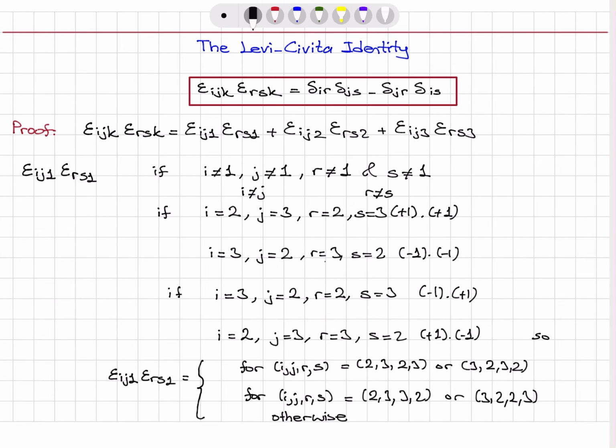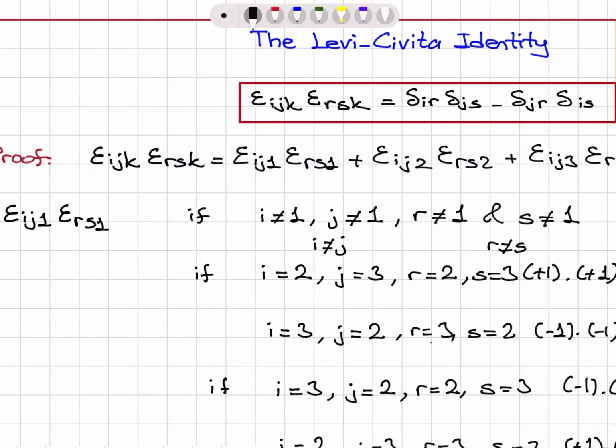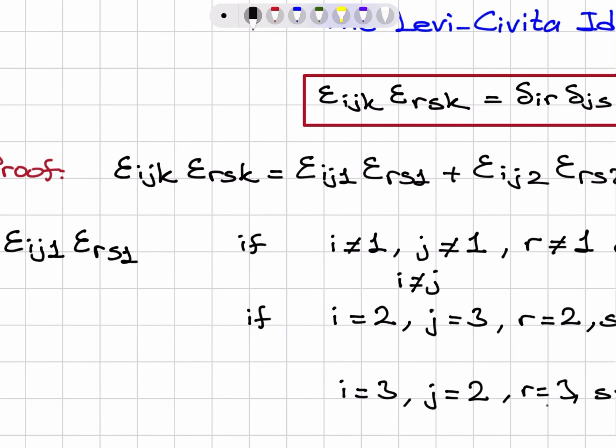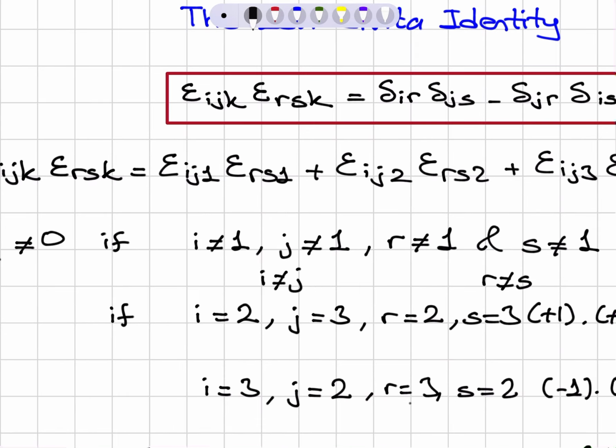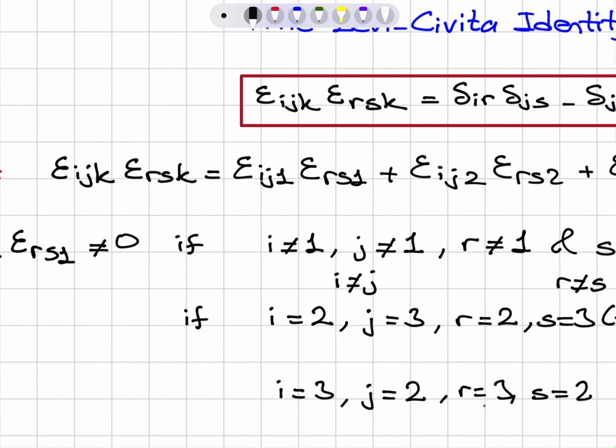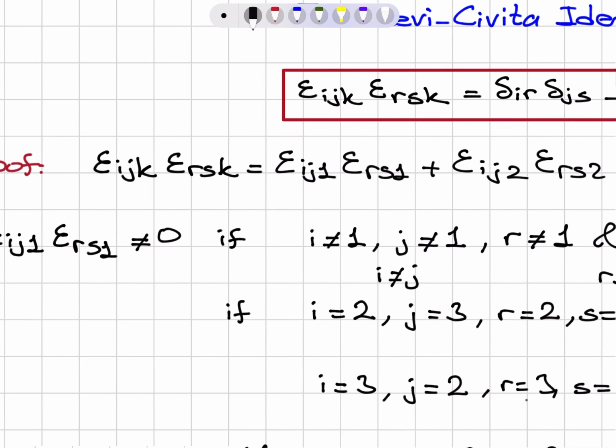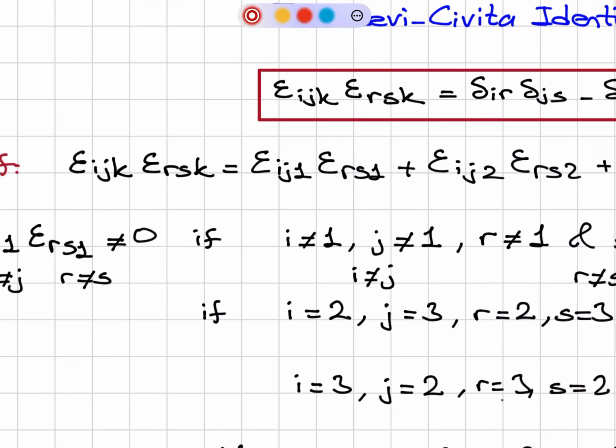Okay, so let's consider the cases when epsilon ij1 and epsilon rs1 are not equal to 0. This will be the case if i is not equal to 1, j is not equal to 1, r is not equal to 1, s is not equal to 1, i is not equal to j, and r is not equal to s. So I'm considering the non-zero cases.